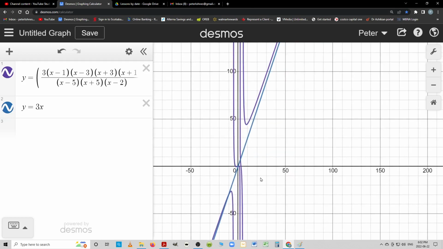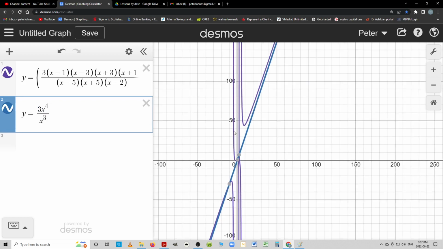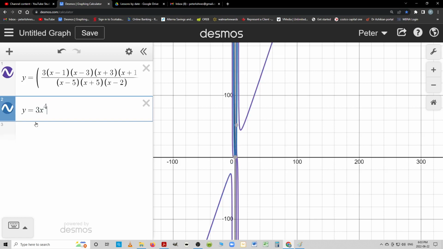Now that's not visually visible, but I only know it's true because if I expand the top here, I get 3x to the power of 4. And if I expand the bottom here, I get x to the power of 3. And you'll learn that it ends up being a ratio of those two. So if I cancel out these, it's clear this bottom cancels out, and I'm left with 3x up top.